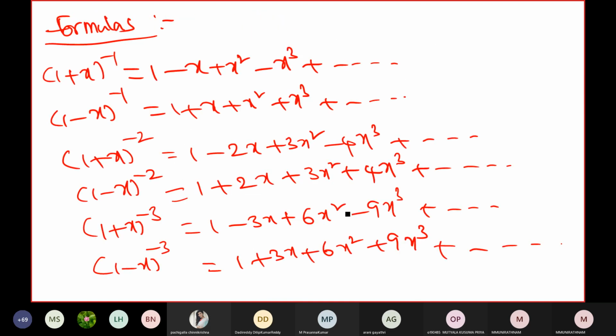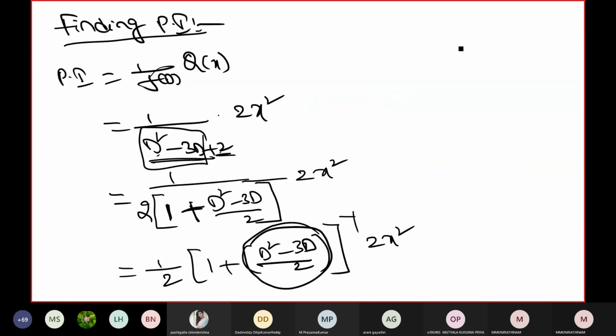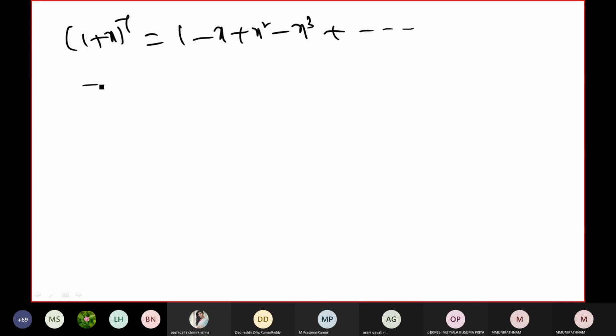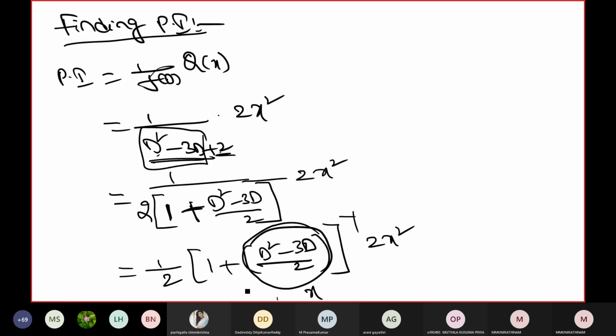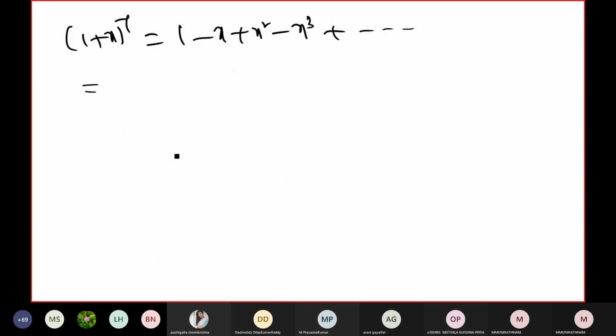What is the formula for 1 plus x whole inverse? 1 plus x whole inverse is 1 minus x plus x square minus x cube plus and so on. That's why I would like to expand using this formula.